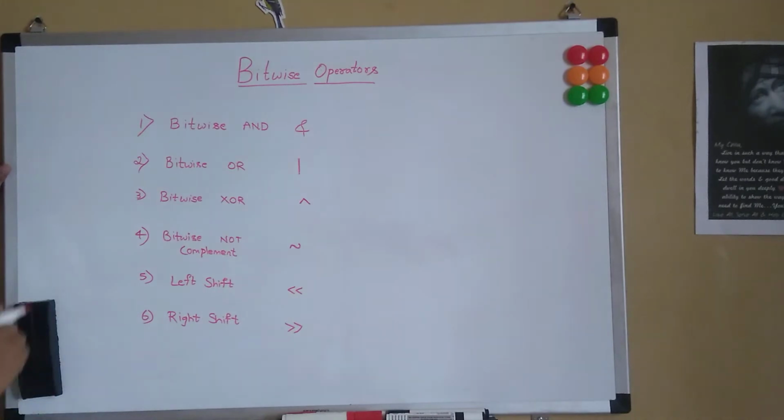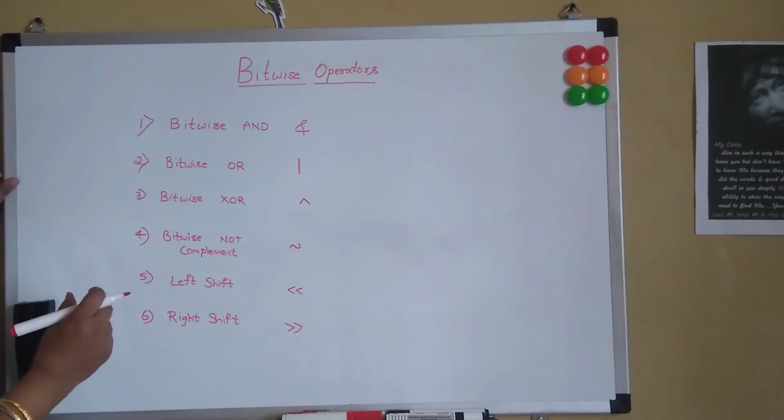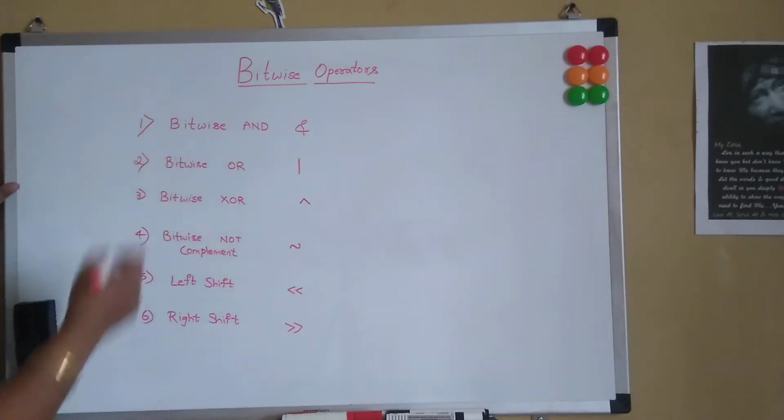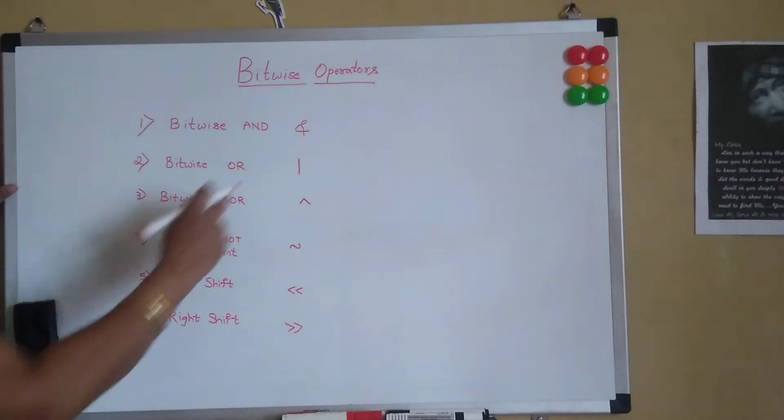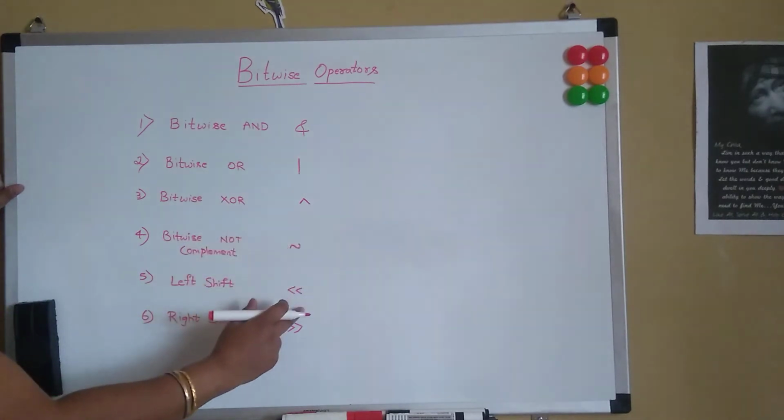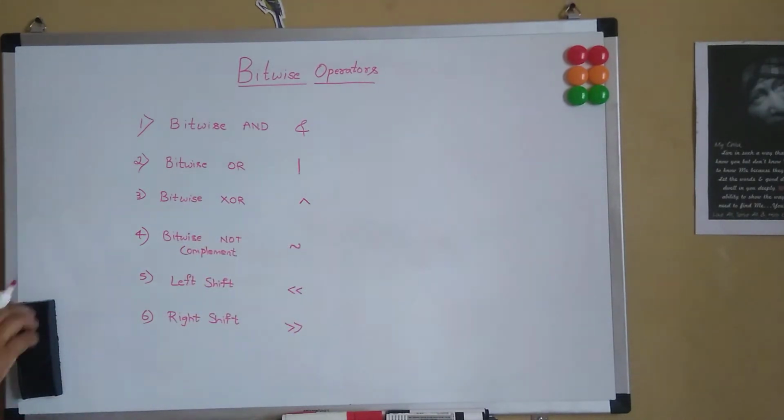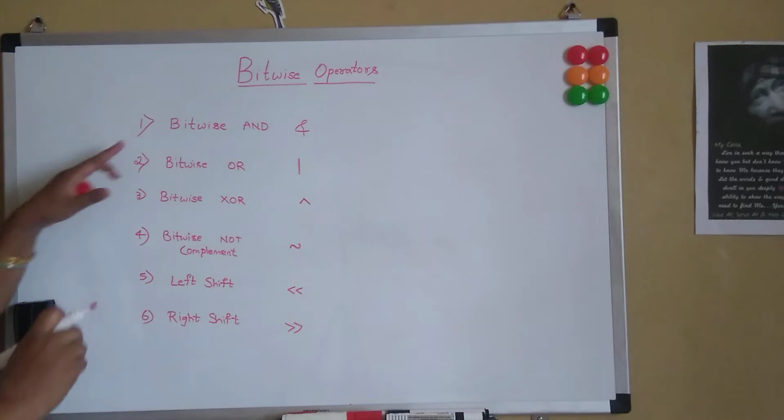For all these bitwise operators, if we enter a decimal or an integer value, it will convert into bits, that is to the binary format, and then it will perform these operations. So let's look into each one of them in detail.